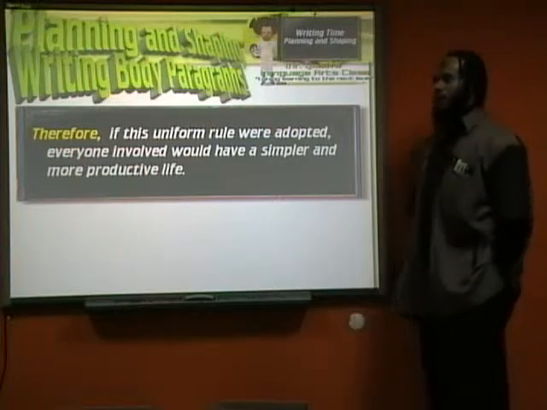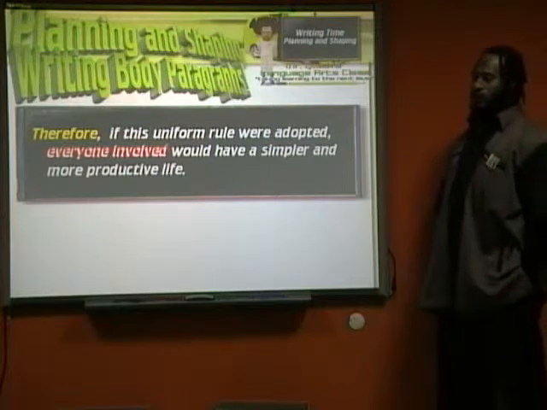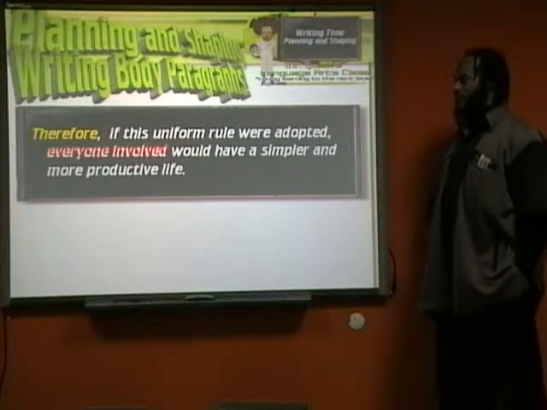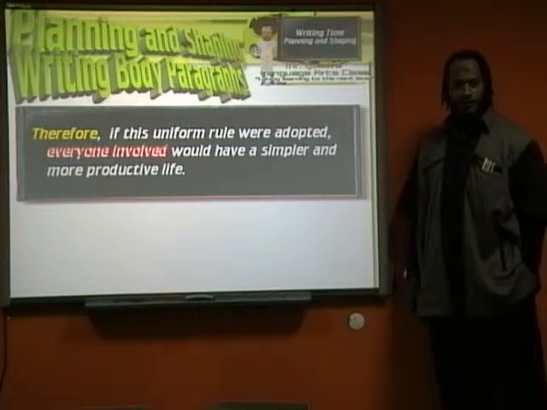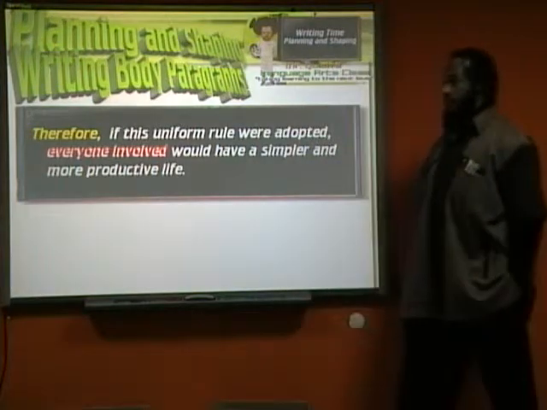Oh, okay. A very slick way to mention all points. Everyone involved. We see that? Yes? So we actually mentioned what was in the topic sentence.